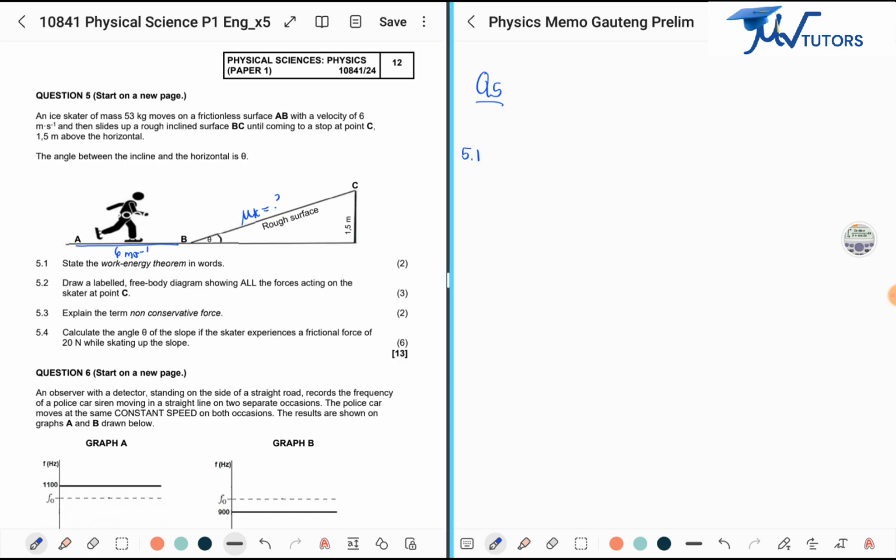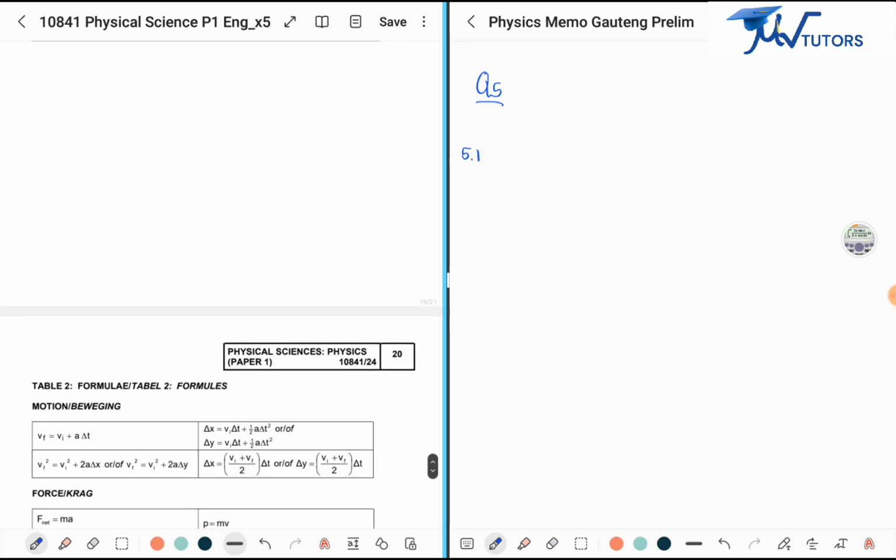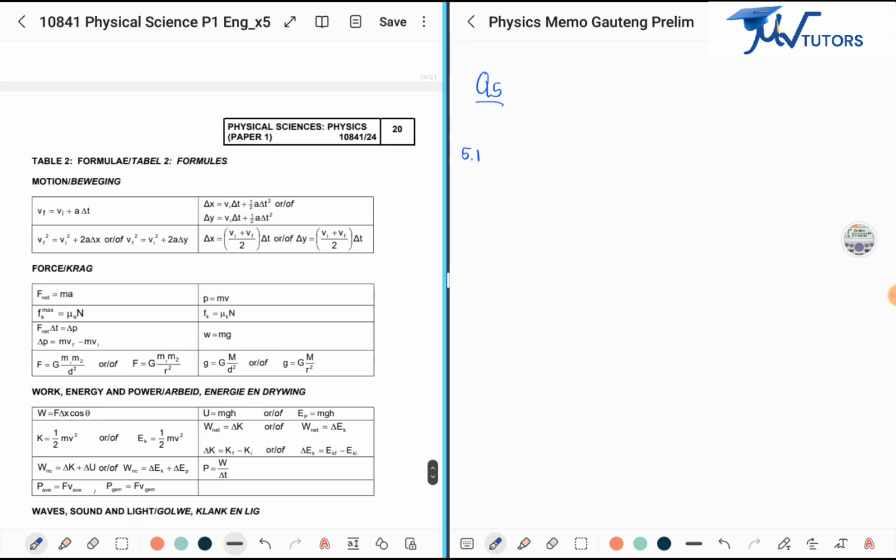Now 5.1 says, state the work energy theorem in words. This is theory that you need to learn. Basically, the net work, or the total net work done, is equal to the change in kinetic energy. You can see it in the formula sheet. If you forget these definitions, please go to the formula sheet.